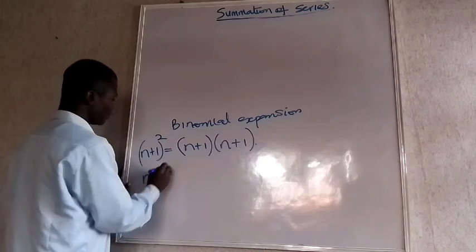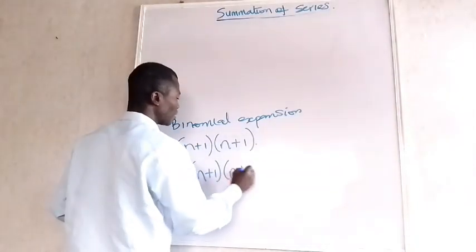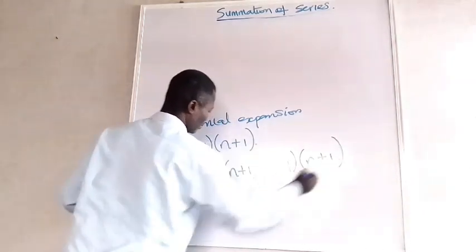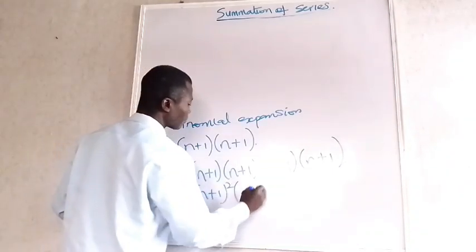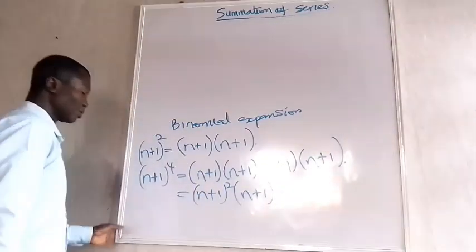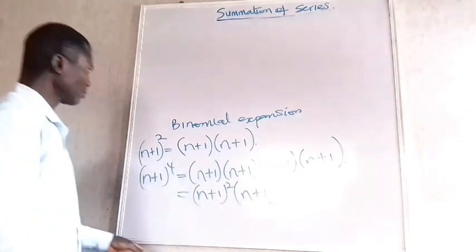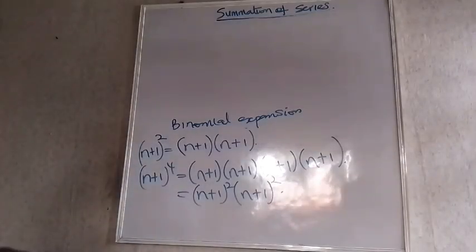So if you have n plus 1 raised to power 4, it's going to be n plus 1 into n plus 1 into n plus 1 into n plus 1. Or it can be n plus 1 squared into n plus 1 squared. So depending on how you want to do it, I'm just trying to see how it can be easy for you to work it out. But if you have known this, it's very easy and you get it fast.